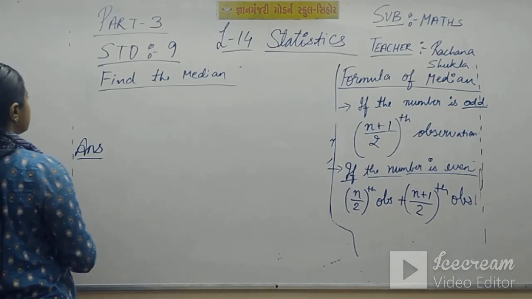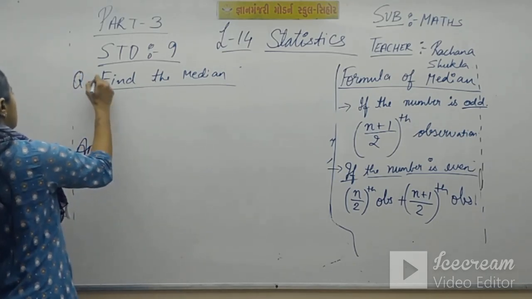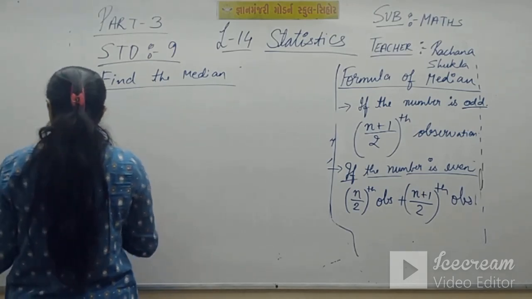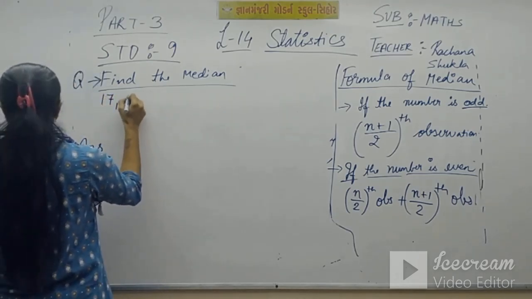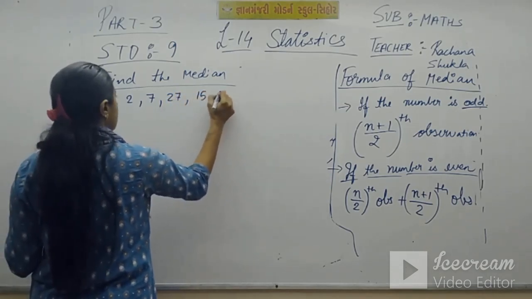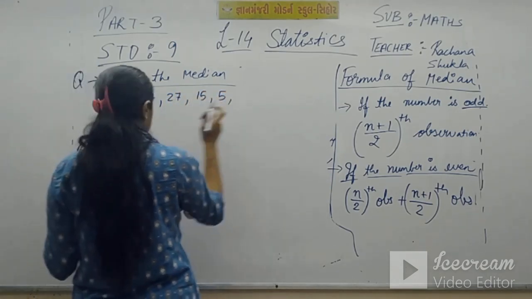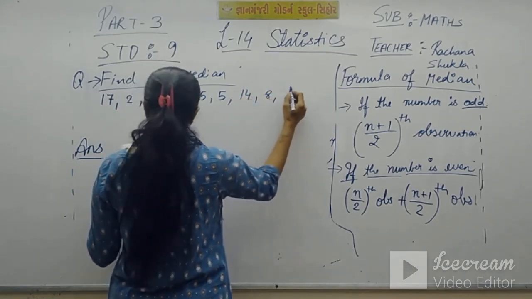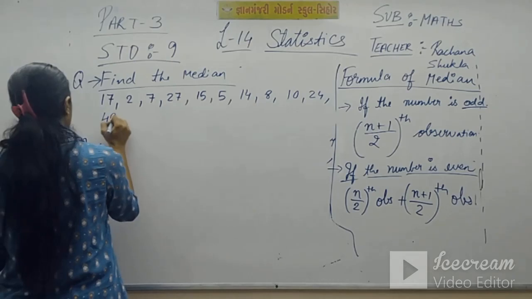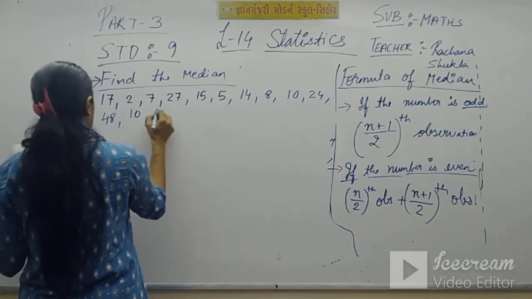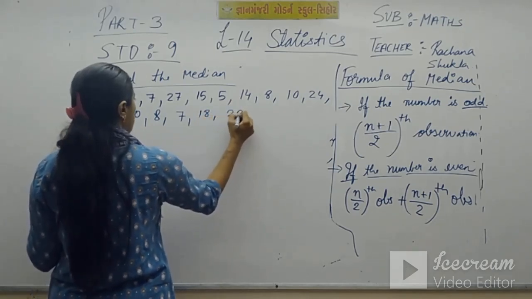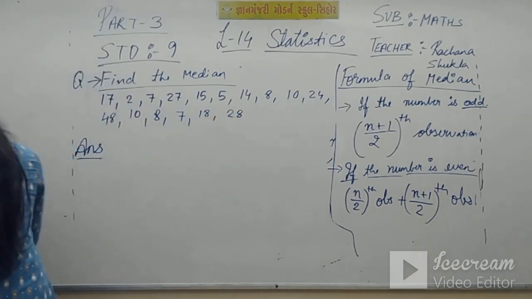So your question is, find the median, and the data is 17, 2, 7, 27, 15, 5, 14, 8, 10, 24, 48, 10, 8, 7, 18 and 28.